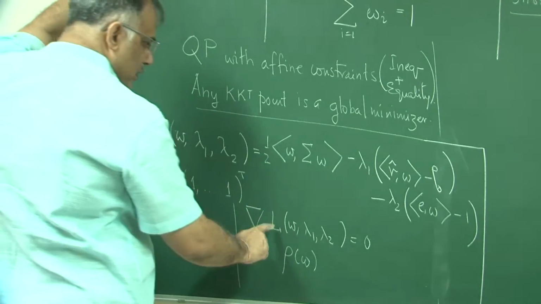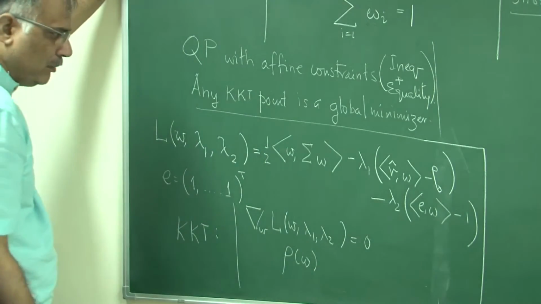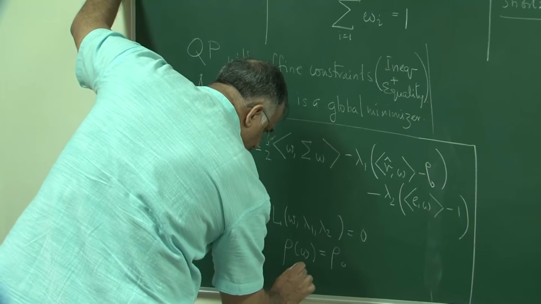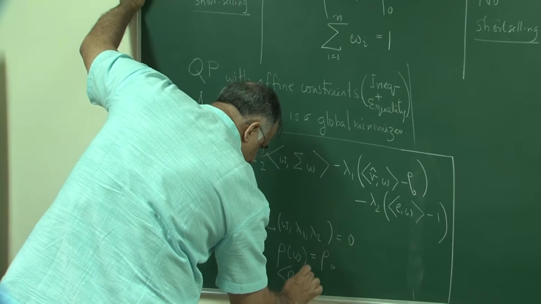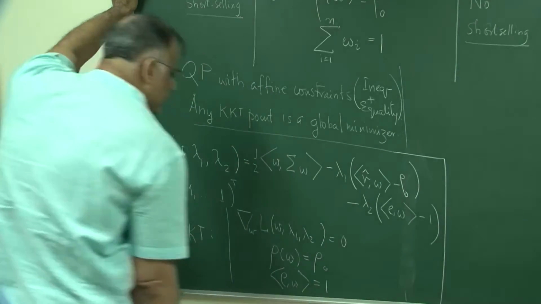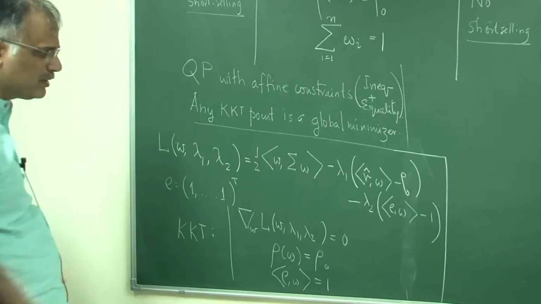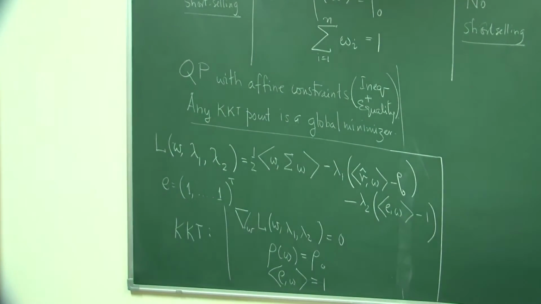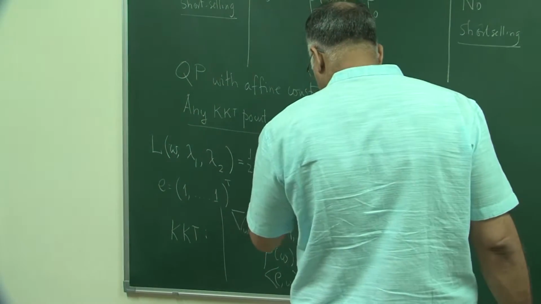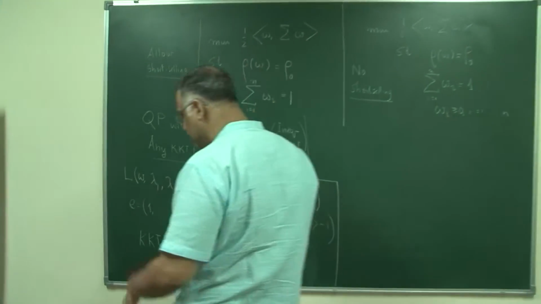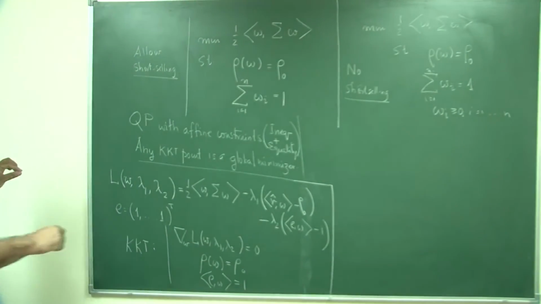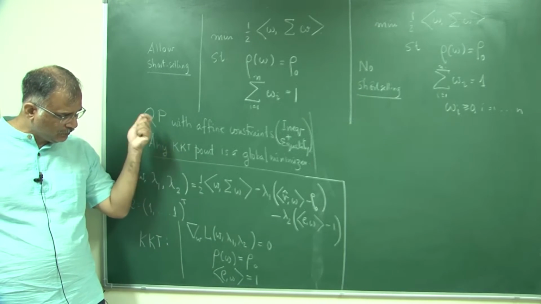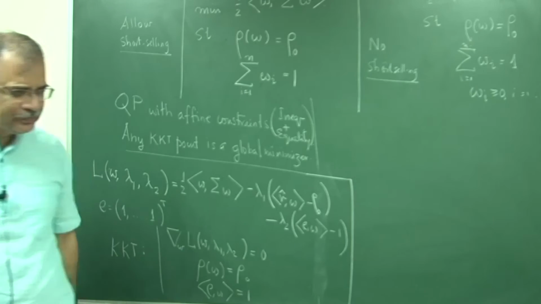That is, you first take with lambda 1 and then take with lambda 2. So you have to satisfy the constraints. That's it. So this is the KKT system that you really need to solve. Note that if I have uncorrelated assets, then this variance covariance matrix becomes a diagonal matrix consisting only of variances.